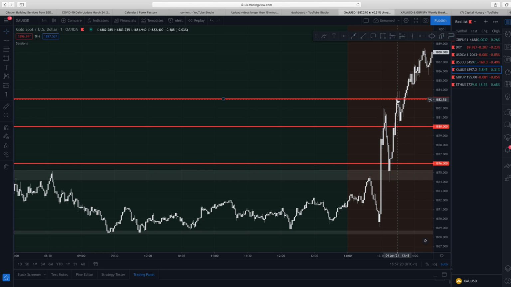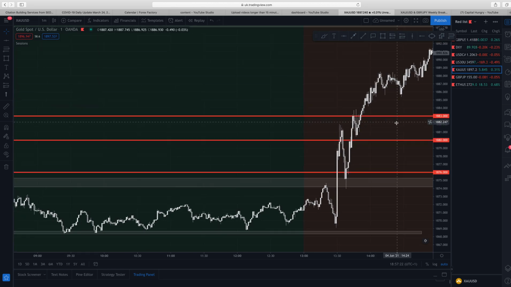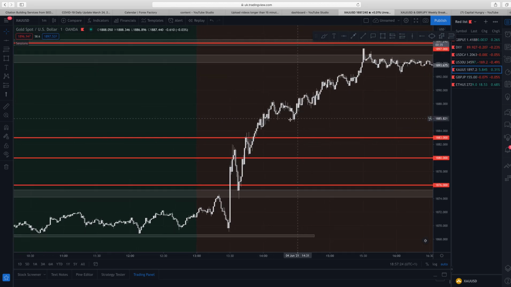You can start scaling your trading then. Let's look at it, and even when you're scaling the profits, you can just see that the bulls are still in control.